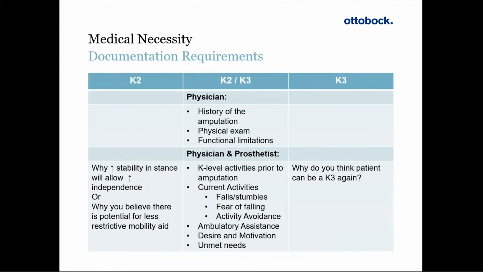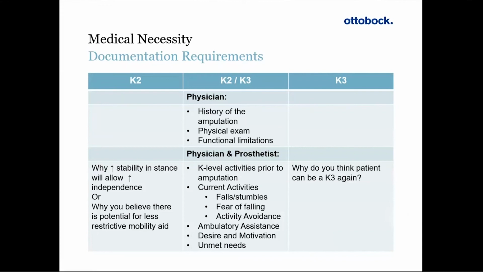So be sure that you get their social activity level. They don't just need the knee joint for golfing, but they do many other things: household chores, they participate in the community, go to church, activities that really show that the patient is out and about in the community. We are seeing lately a trend of patients at K3 level status and trying to rely more on the physician notes to demonstrate that, and I don't find physician notes are getting to that level of detail.